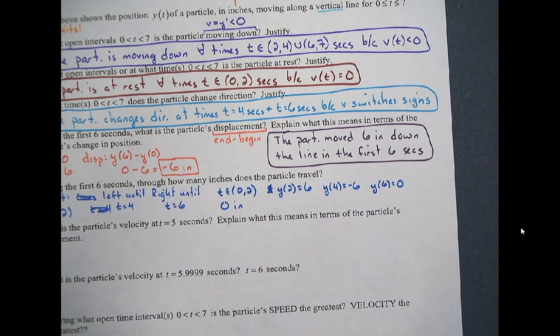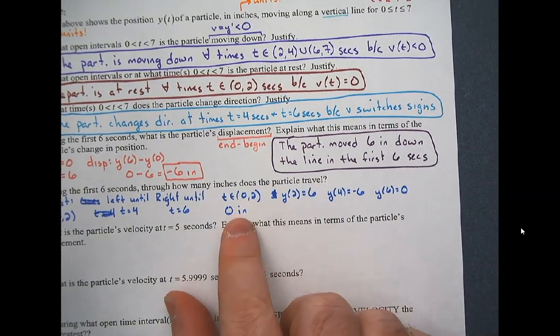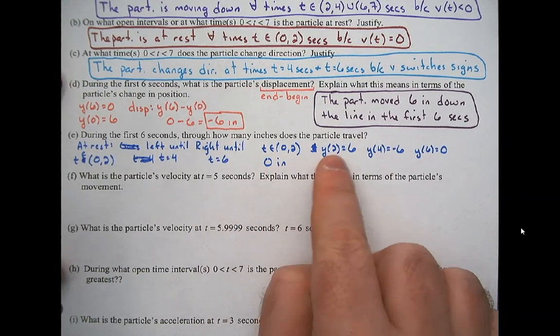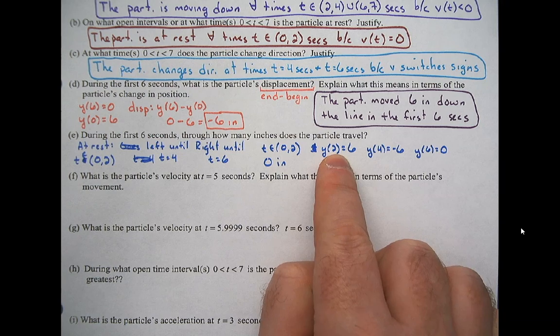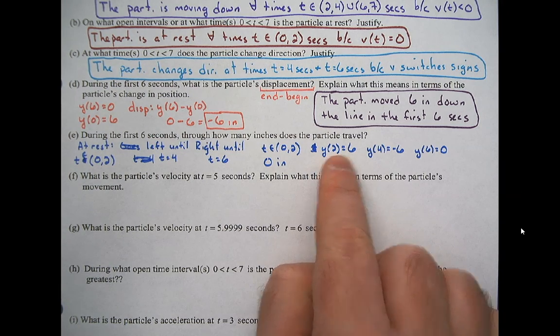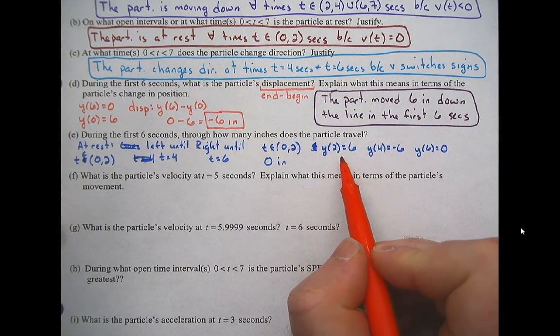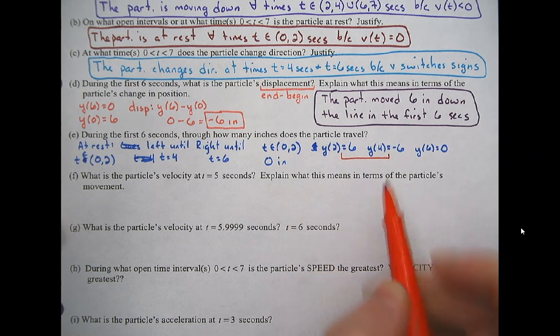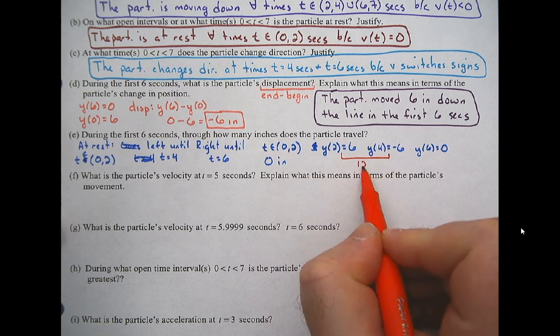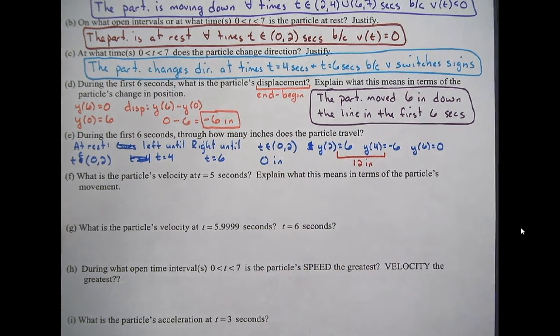So what I want to do now is figure out how far we traveled. From 0 to 2, I didn't move at all, so who cares. At 2 seconds, I was at a position of 6. So from a position of 6 until a position of negative 6, I traveled 12 units, or 12 inches. I don't have to say units here.